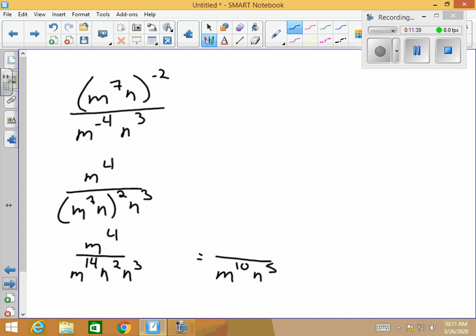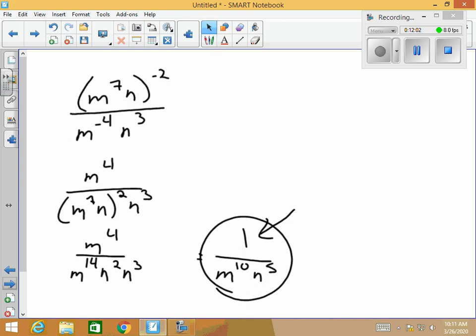It would have reduced directly with an m to the fourth on the bottom, which would have made it 1 on top and bottom, and then left me with m to the 10th on the bottom. So my numerator in this case is 1. And remember, I cannot leave that guy off like I could if it fell in the denominator. So be very, very careful of that guy right there. We'll star that. Make sure you understand that guy right there.